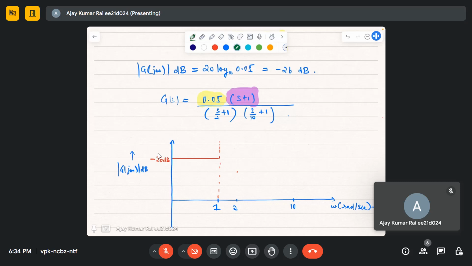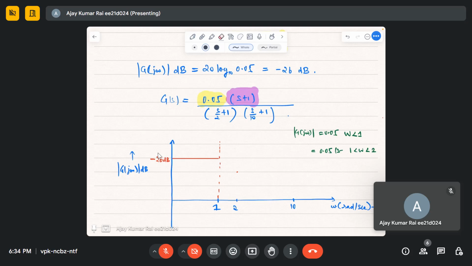Let me write specifically: if you consider omega less than 1, G(s) is 0.05, I'm writing the magnitude. From omega 1 to 2, the magnitude will be due to 0.05 into s plus 1.